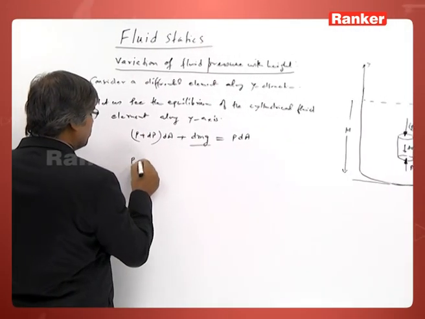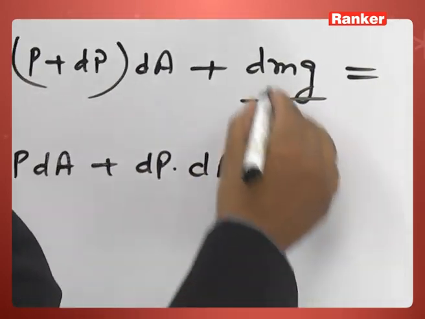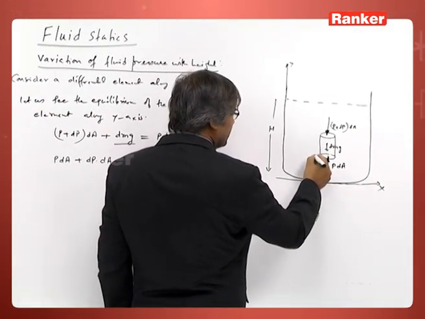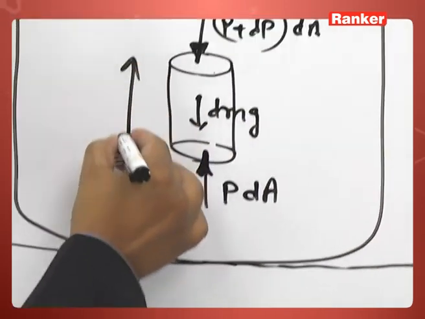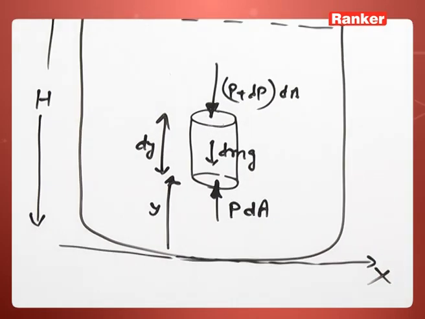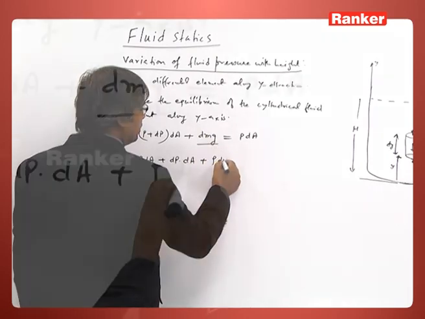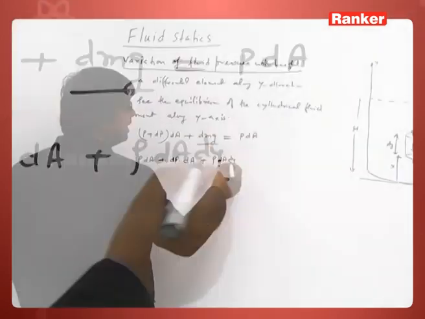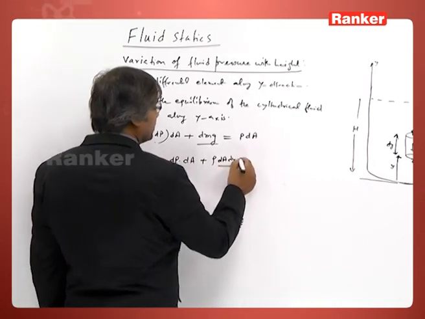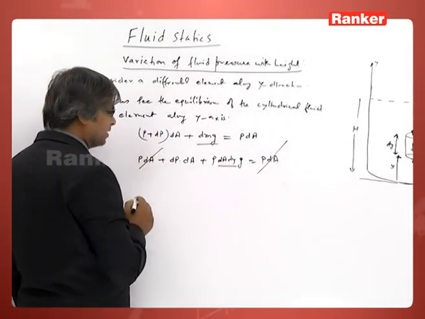So, we have P into dA plus dP into dA plus the weight. Now, let us assume that this is at height y and this is dy. You see this exaggeration, this dy is very small compared to y. So, dm is equal to rho dA into dy. dA into dy is the volume, into rho is the mass, times g. Now, P dA cancels.